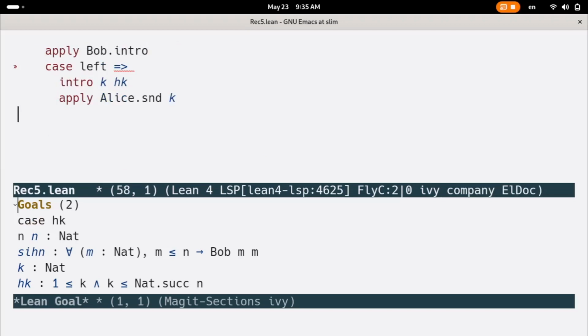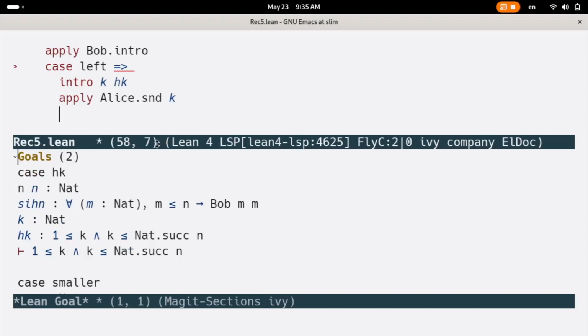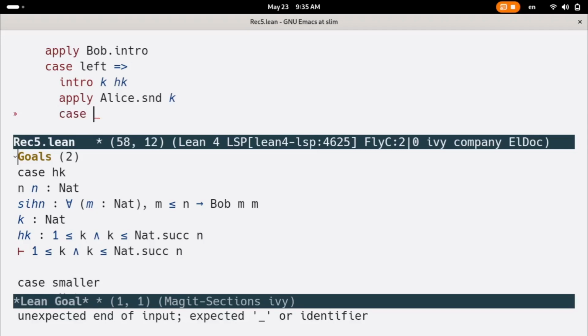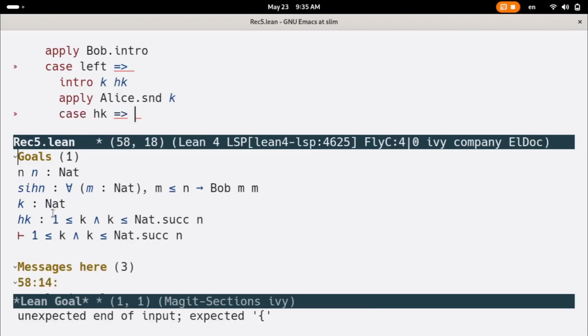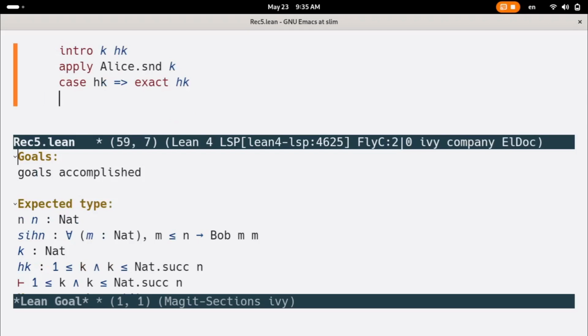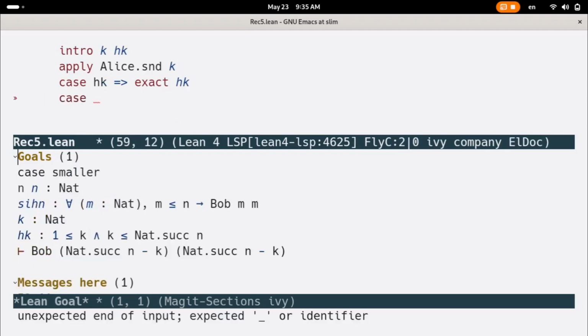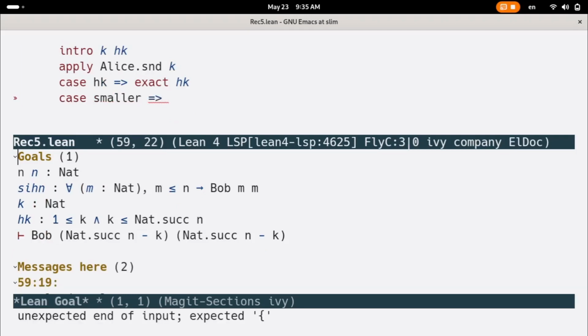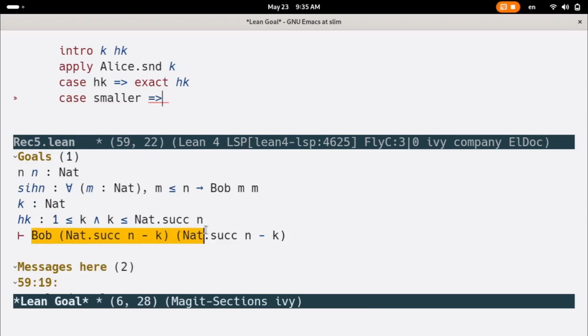So we apply alice.snd with the value k, and now we have to solve the cases hk and smaller. Case hk is easy, it is already in the hypothesis under the name hk, so we use exact hk. Notice that the two hk's here are distinct. The hk in case hk is just a label that we gave in the inductive definition of Alice, and the hk in the exact hk is the name we gave for the hypothesis.